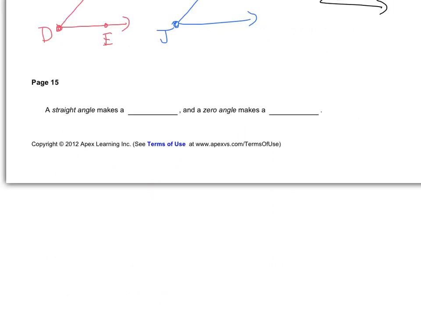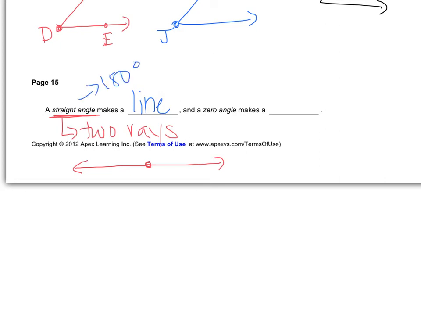If you have what's called a straight angle, it is made from 2 rays and it looks like this. When you look at those 2 rays put together, it makes a line. It's really all it makes. So a straight angle makes a line, and that also means that it has 180 degrees.